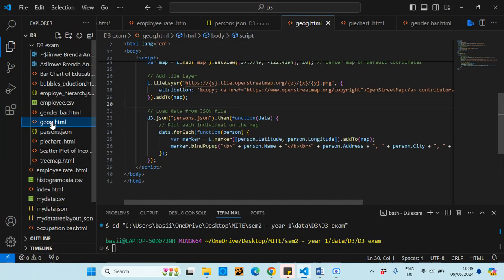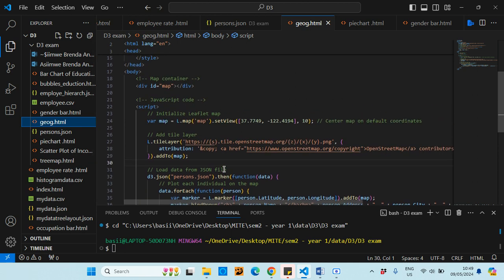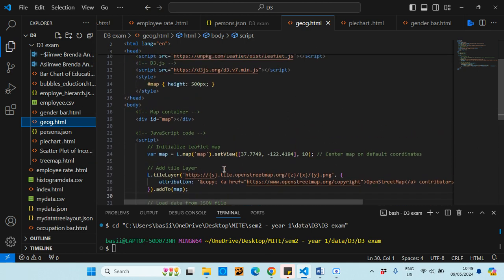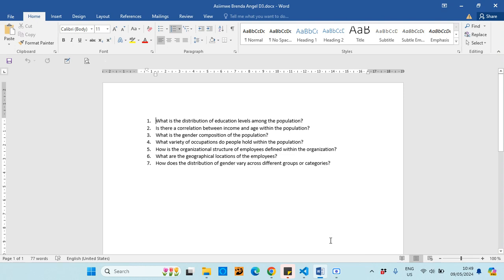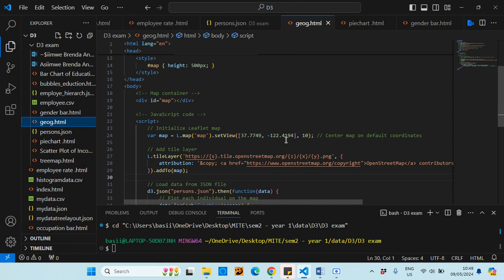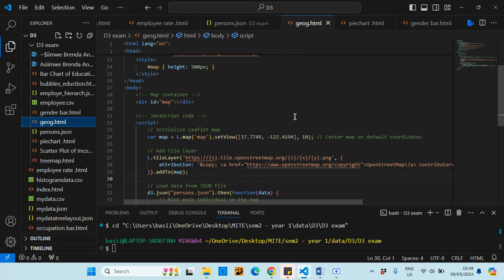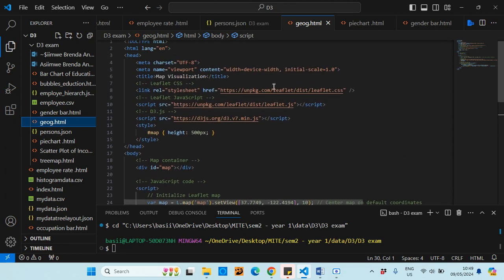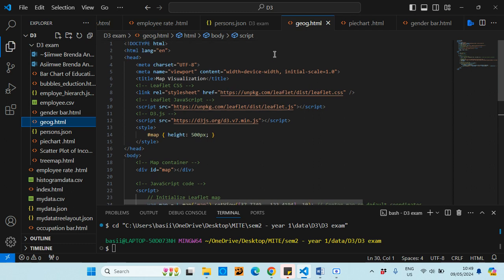So next we have the geographical location. Basically we wanted to see the locations of each of the employees. So here, we have the beginning parts of the code, like opening of the HTML web page.